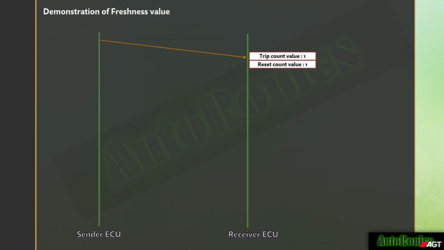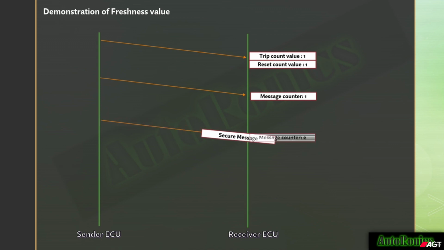Now the receiver ECU will be updated with the trip count value as 1 and reset count value as 1. Now the sender sends the normal secured message and the message counter value will be updated to 1 on the receiver side. And once again the sender ECU sends one more secured message and the message count value will become 2 now.